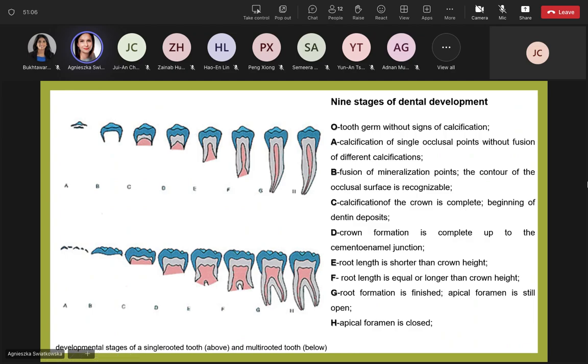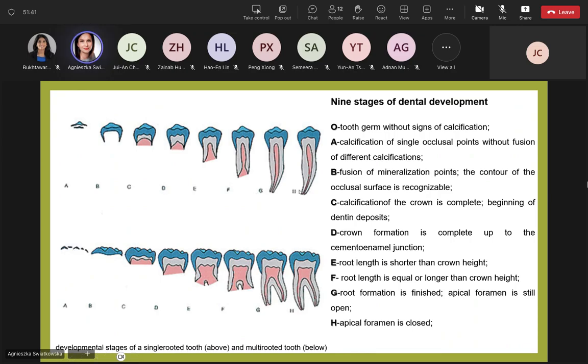Now, stage E, we observe that the root starts to develop, but is still very short. Then the length of the root is higher. And next stage, here you see that the length of the crown and the root is almost the same at this stage.